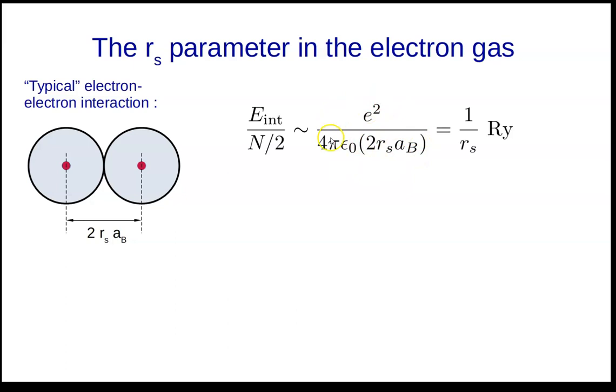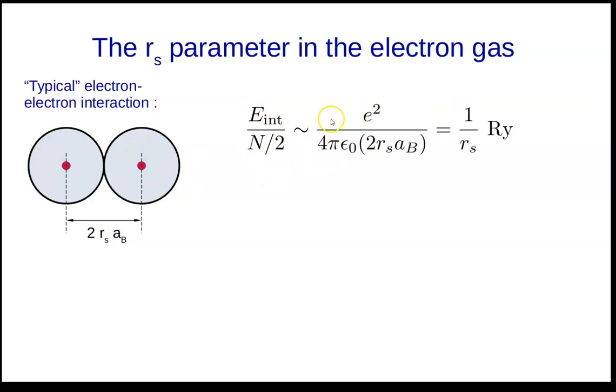Then I can associate that with the interaction energy for every two particles, so that's divided by half of the number of electrons. A factor 2 here might cancel, but this would be of the order of the typical electron interaction strength per particle in the electron gas.